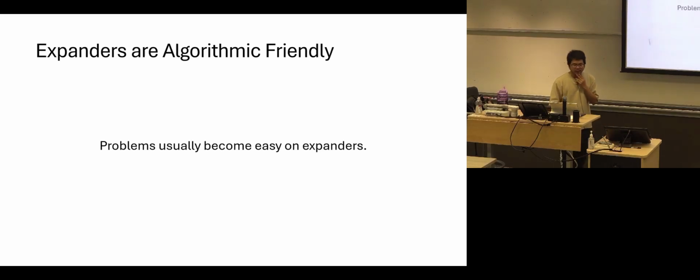The first example is the problem of minimum s-t cut. In this problem, the input is just a graph and the vertices s and t.